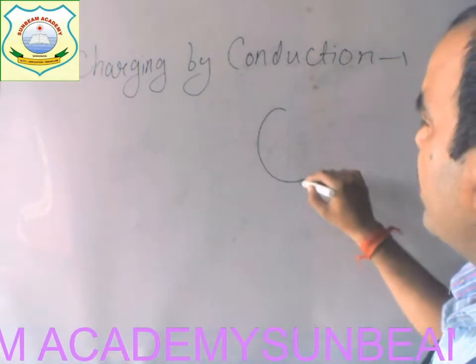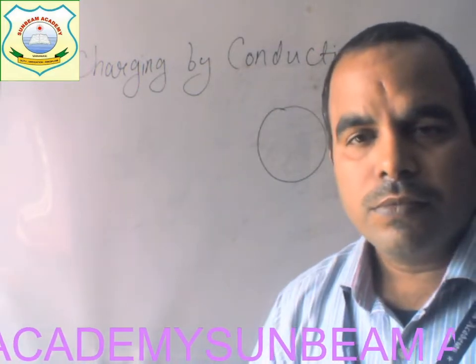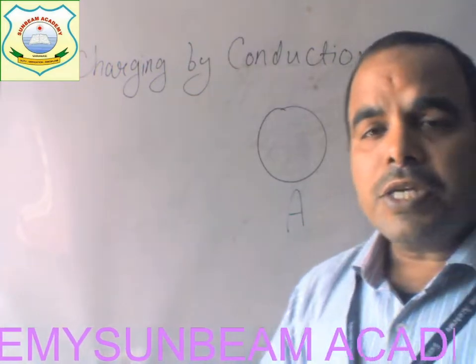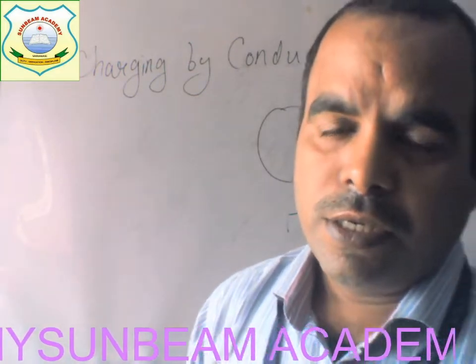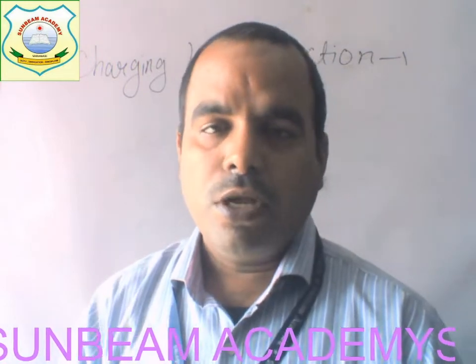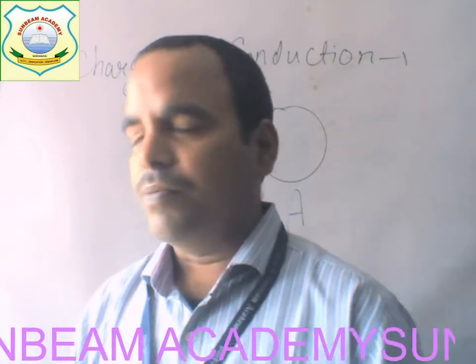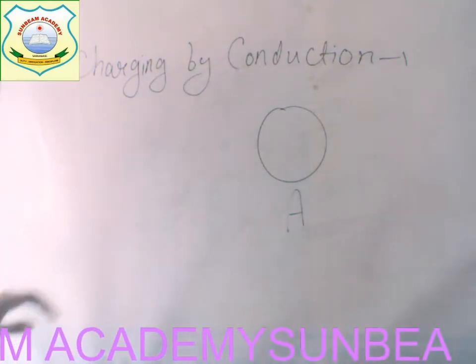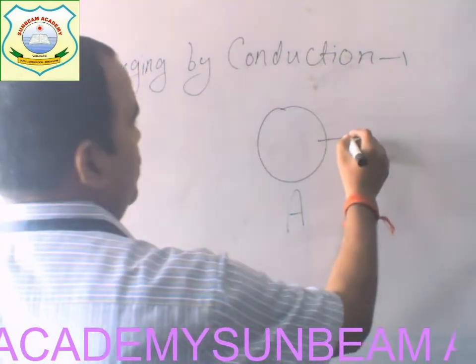Suppose that we have an object named A, and it has a neutral charge, that means 0 charge, not positive, not negative.